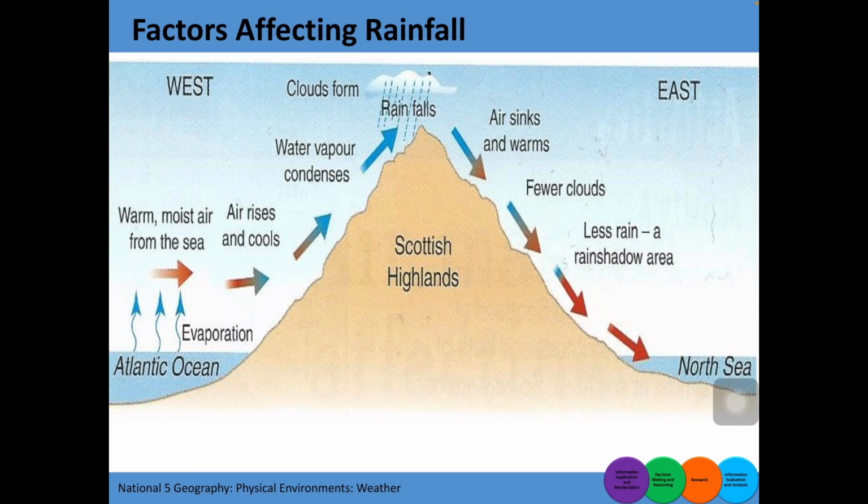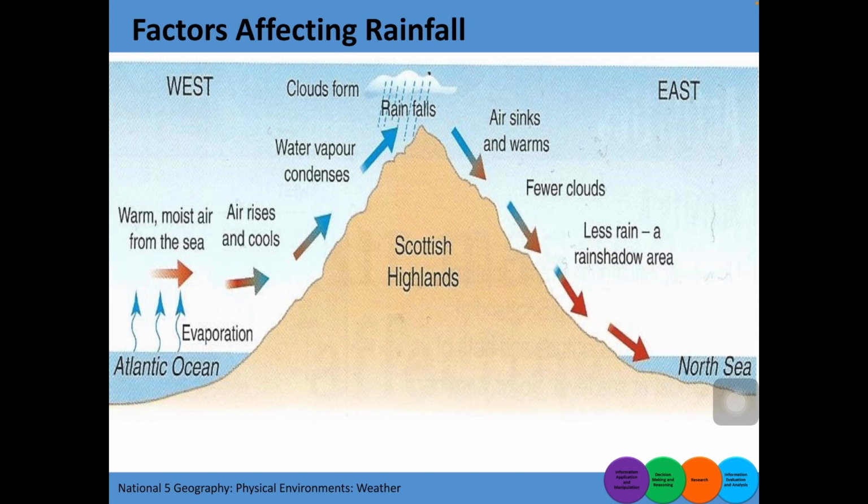Now, as the air passes over the mountains, it's able to sink back down again, and as it sinks, it's going to become warmer, which is why there will be a rain shadow on the eastern side of the diagram here. So another way to think about this might be that on the western side of Scotland, where Glasgow is, we're going to have warm, moist air moving in, so there should be more rainfall.